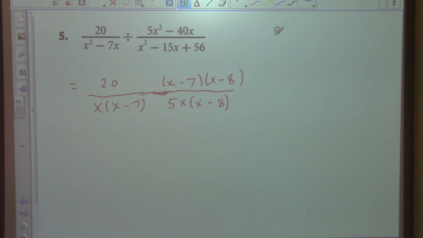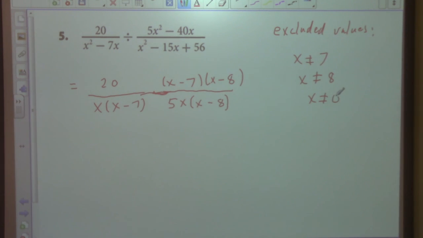And excluded values. We're going to say x cannot equal 7, x cannot equal 8, x cannot equal 0.